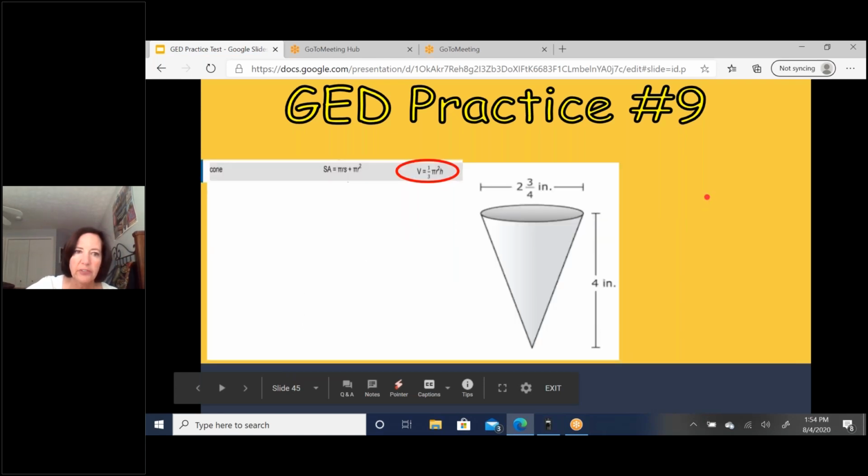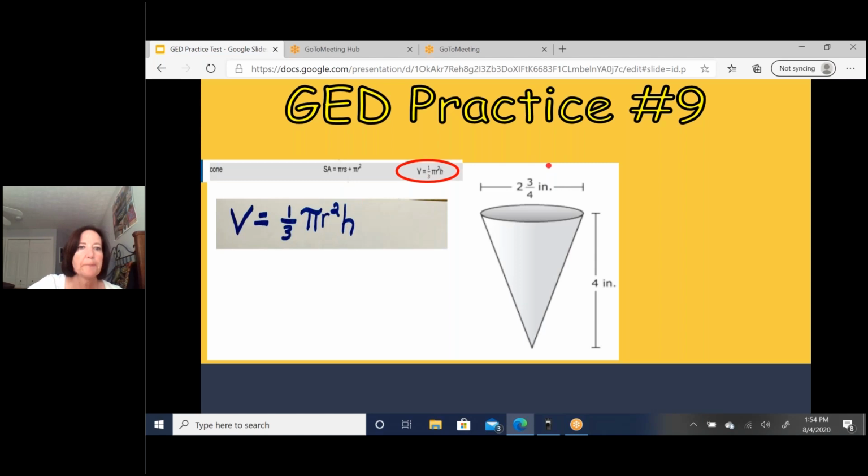So let's start substituting. I've circled our equation, and I rewrote it just because I always do that. So that's our equation. And so 1/3 is 1/3. Pi, they've told us on the practice test, and I believe on the GED, we're always going to substitute 3.14 instead of using a different, more precise value of pi.